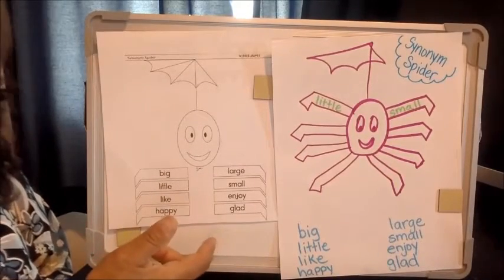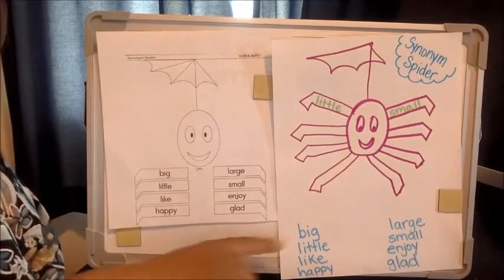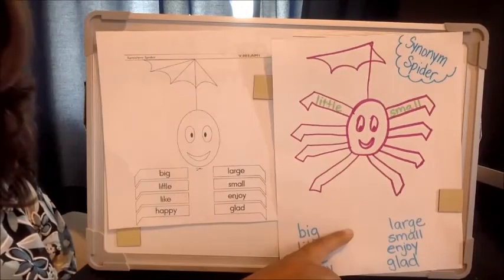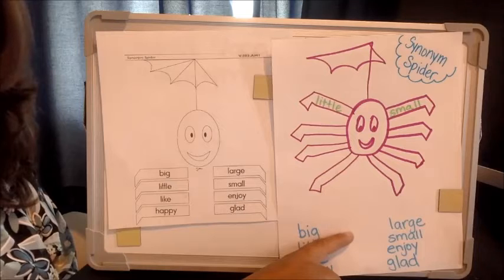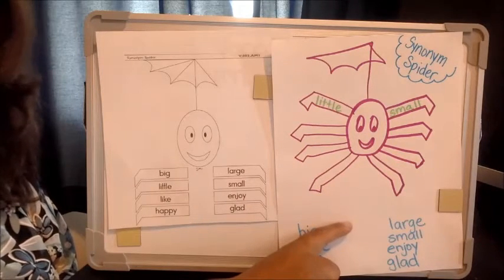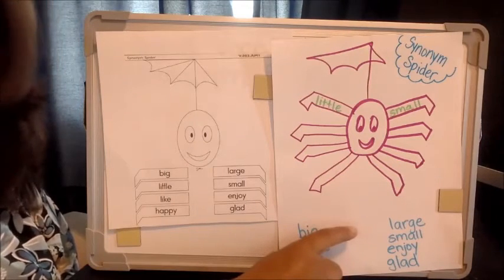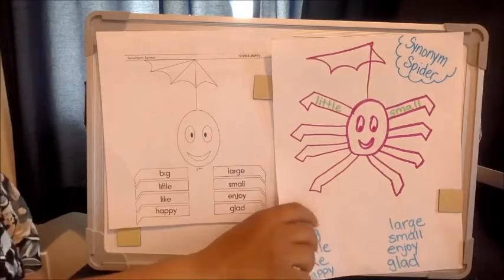If you don't have access to a printer, or you've run out of ink or paper or anything like that, it's very easy to just draw this template on a piece of paper. If you don't have a piece of paper, you could use the back of a cereal box that's been used already, or come up with some other creative ideas.